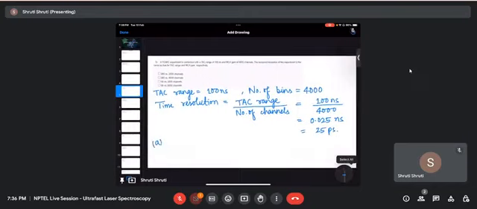Suppose one photon is equivalent to 1 lakh electrons of current, but it may not be the case that every time one photon will give exactly 1 lakh electrons. This depends on the efficiency of the detector.